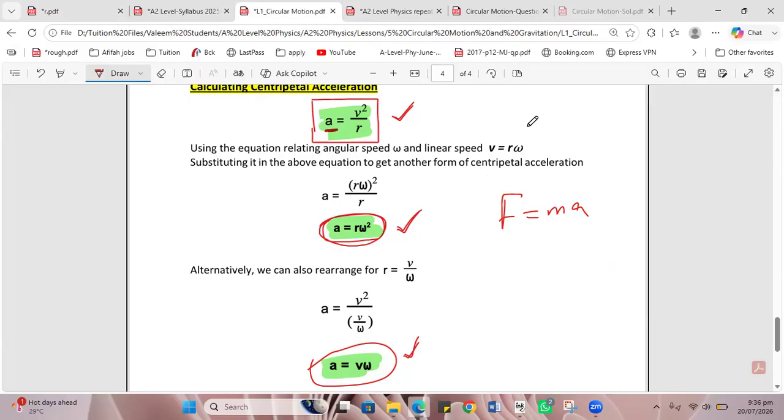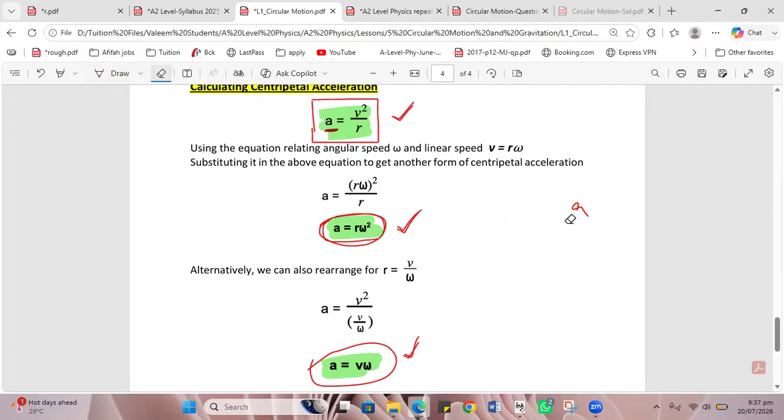Force, this is the formula for resultant force. Resultant force is equal to mass multiplied by acceleration. So if I just add m with the acceleration formulas, I will get the formula for centripetal force.